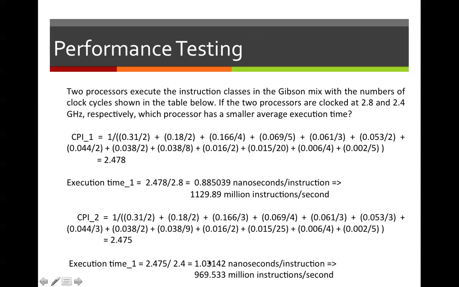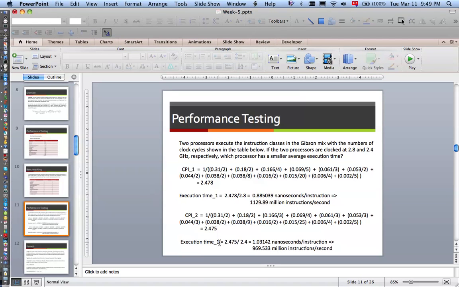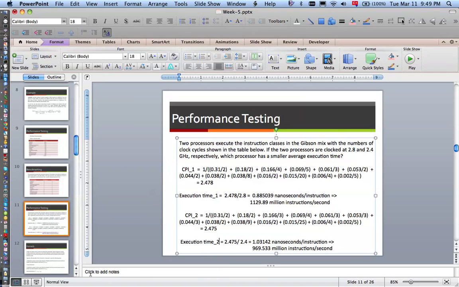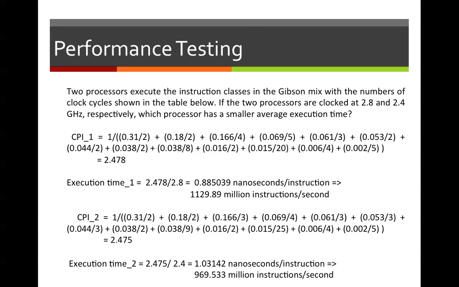So the execution time comes out to be more nanoseconds per instruction, and then of course less millions of instructions per second is what happens in the second case. Now this is really not execution time 1, but it's execution time 2. So let's stand corrected in there. And so you can see that second system is inferior, and then the first system is actually better than the second one.